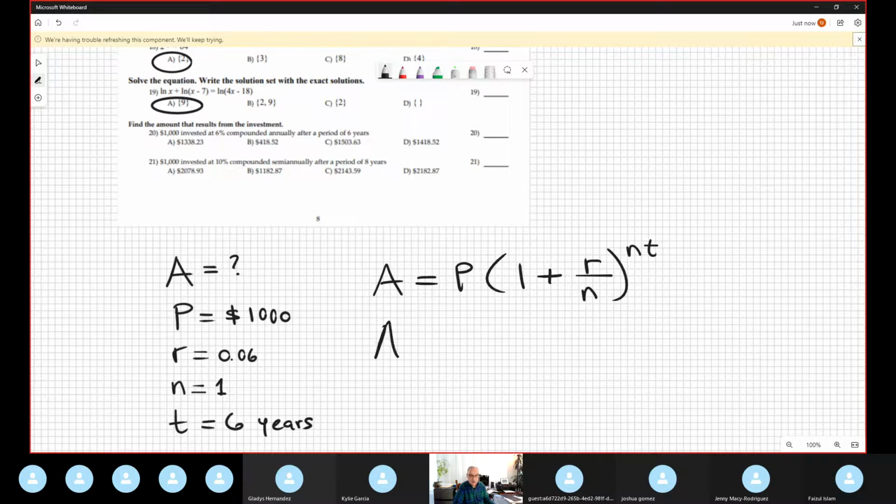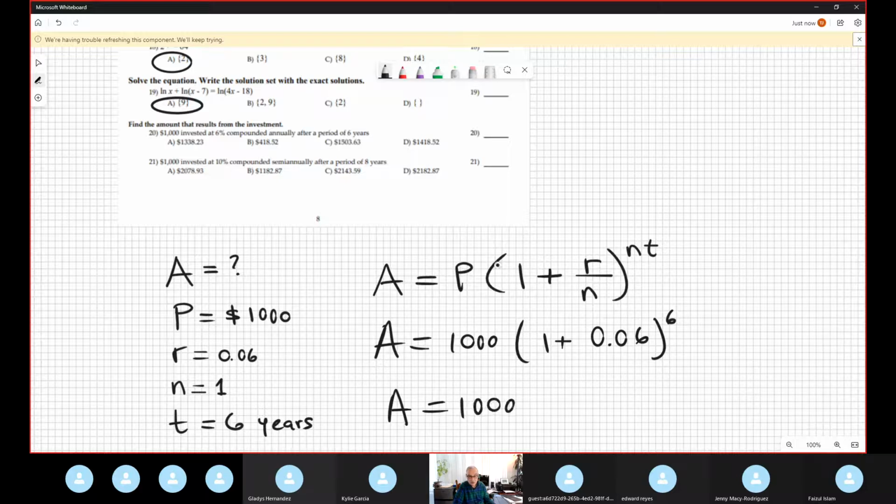So basically, my future value is 1,000 times 1 plus 0.06 divided by 1, que es nothing. Divided by 1 is invisible. Okay, now, parentheses. The multiplication N and T, que es 1 times 6, que actually 1 is invisible, again, is 6. If you want to simplify the thing, not always, but sometimes it's good.